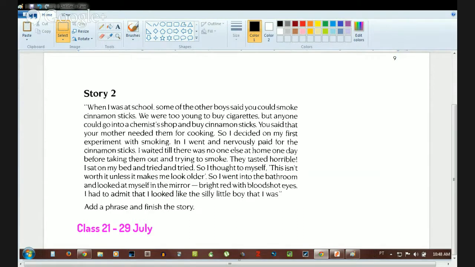So I thought to myself, this isn't worth it unless it makes me look older. So I went into the bathroom and looked at myself in the mirror. Bright red with bloodshot eyes. I had to admit that I looked like the silly little boy that I was.